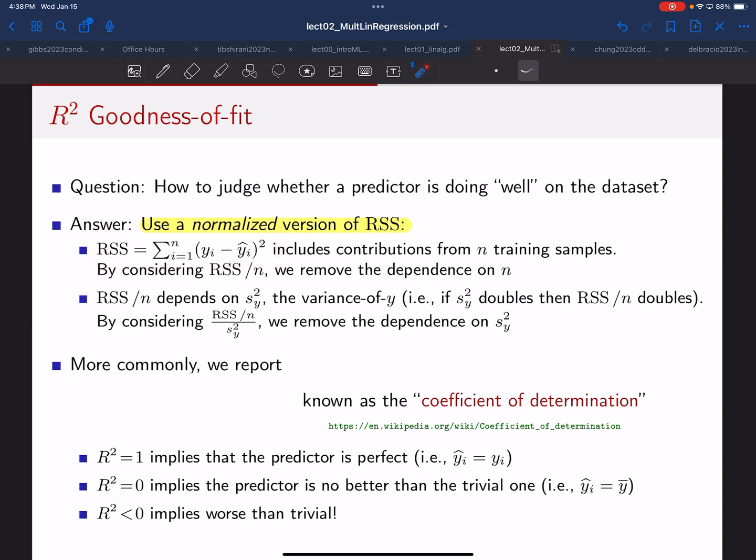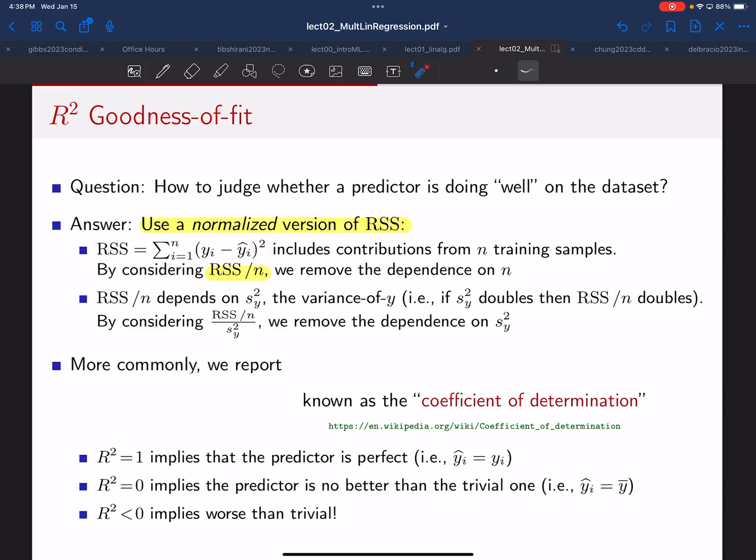So one thing we could do is, instead of working with RSS directly, divide it by n, and that way we remove the dependence on the size of the data set. Maybe that's a more useful quantity. But even so, you would notice for this normalized one that as the values of the targets get larger, if the targets double, then your RSS would actually quadruple because of the square.